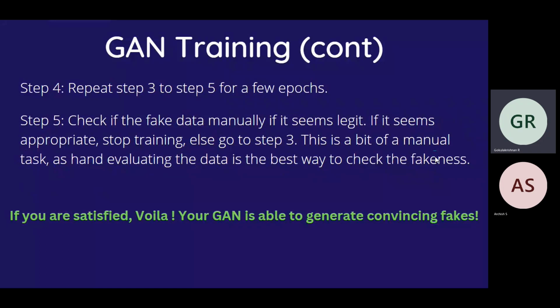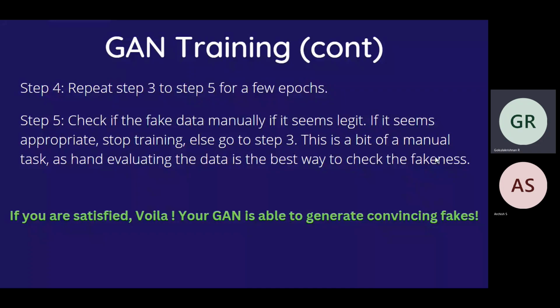Now the thing that makes training a GAN different from a general neural network is, in a general neural network, if you increase the number of epochs, you can expect the accuracy of the model to increase steadily. Not continuously, after a while there's some overfitting, but the accuracy generally keeps increasing.